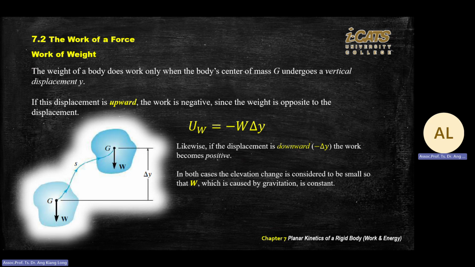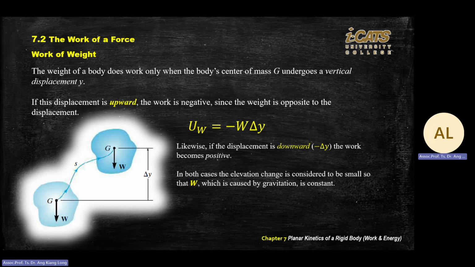There's no work done. An example of zero work is the contact force of your tire. Your normal force of your tire always acts at one point, no matter how it travels, and they're always perpendicular.